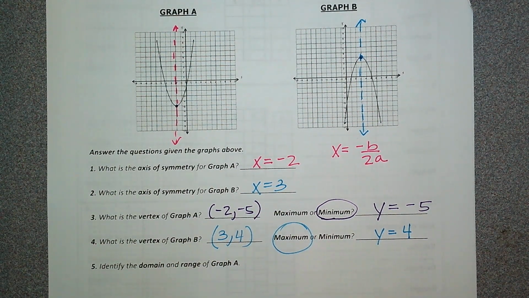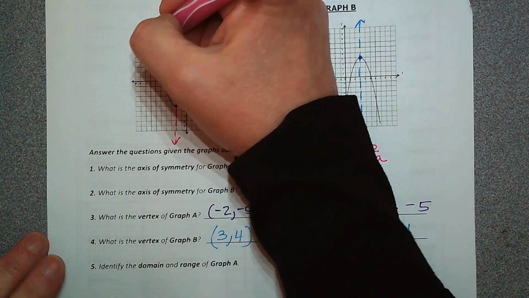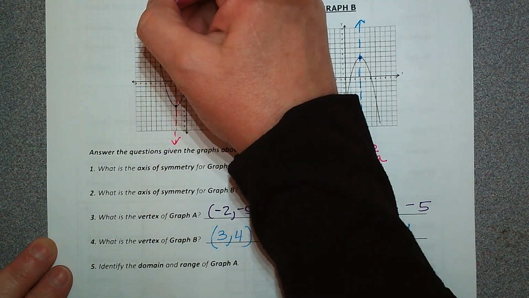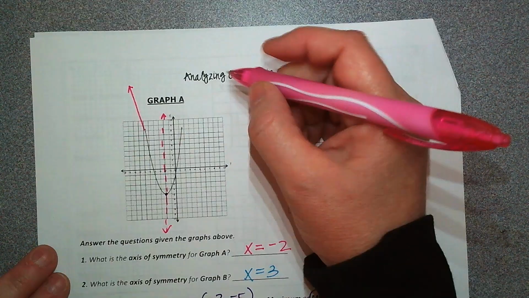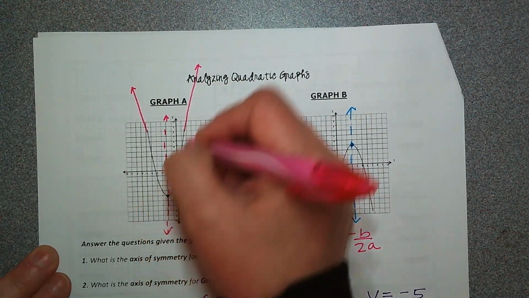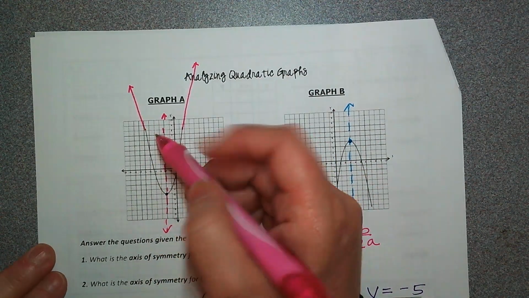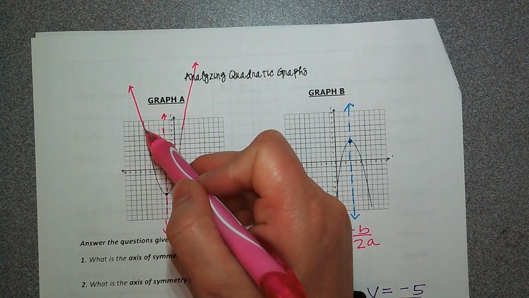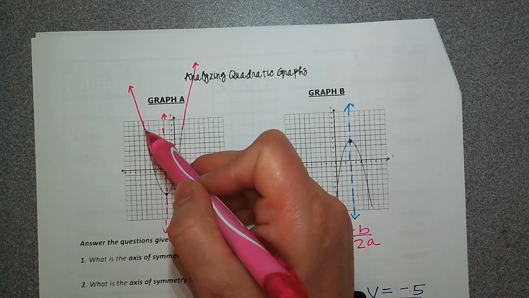All right, so for graph A, what is the domain and range? For quadratic equations, we said yesterday that the domain is always all real numbers because these actually keep going up and out. Your parabola, remember yesterday I said when you find your table of values, it doesn't end right there.